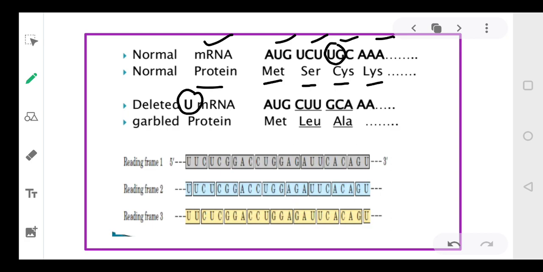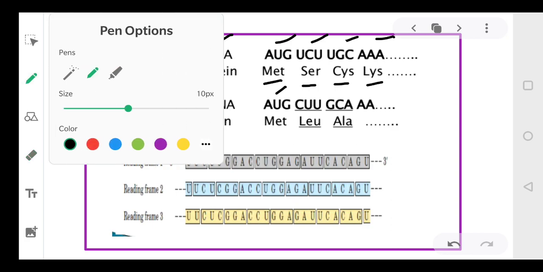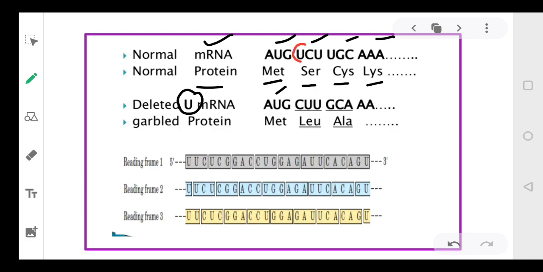From here the U has been deleted. So first sequence is same. Second is, not this one. Let's have this. So from here this U has been deleted, right? Now this becomes a pair now.